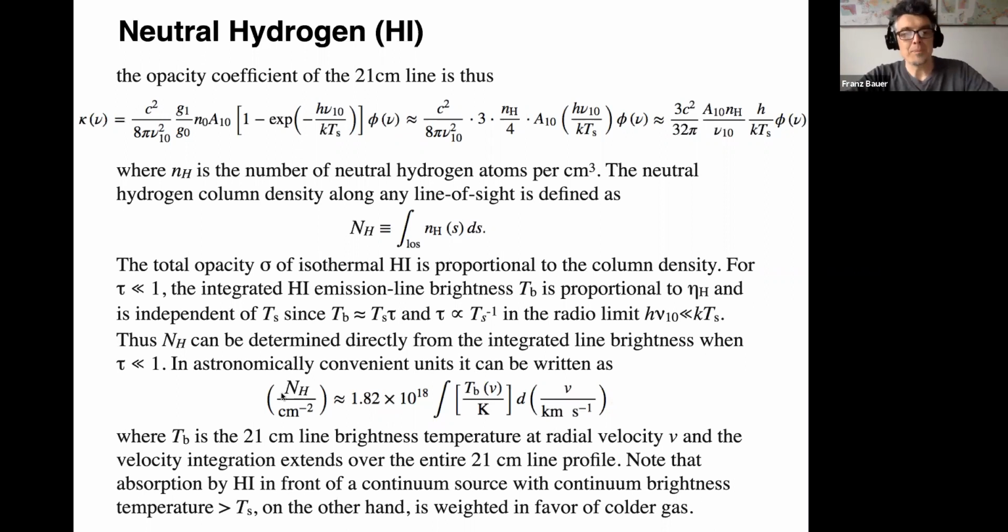Perfect. The only problems will occur when now you have tau equals 1. You're not seeing the entire thing, right? You're only seeing the outer edges of it. And so then it no longer works, and it breaks down.